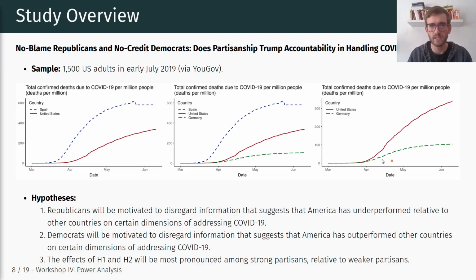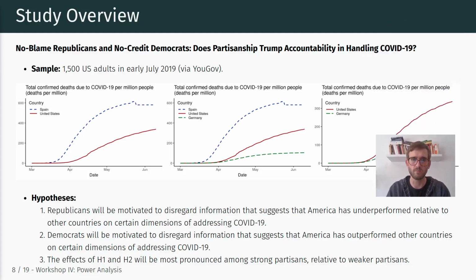On the other hand, the negative framing, this negative comparison of the US government's performance, should lead to a less favorable rating of the government's handling of the COVID-19 pandemic. But according to hypothesis 1, this should not apply to Republicans. They should disregard that information, right? So basically that's the whole setup of how partisanship interacts with these treatments.